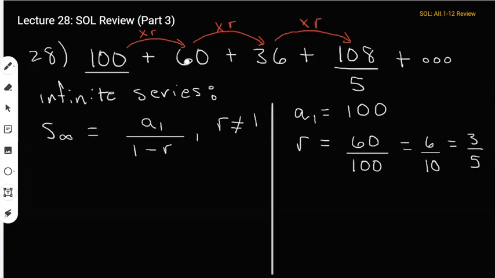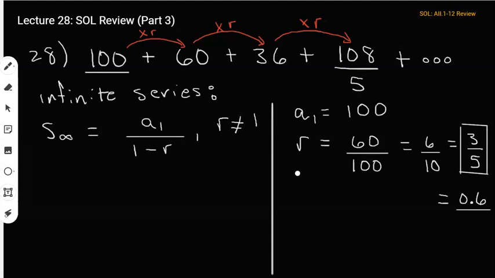That's the number that we're multiplying by to get to each new number. So 100 times 3 over 5, which written as a decimal is going to be 0.6, if you want to think about it that way. It's the number that you're multiplying by each time. So I'm going to put a box around this. So now we know that R is going to be 3 over 5.